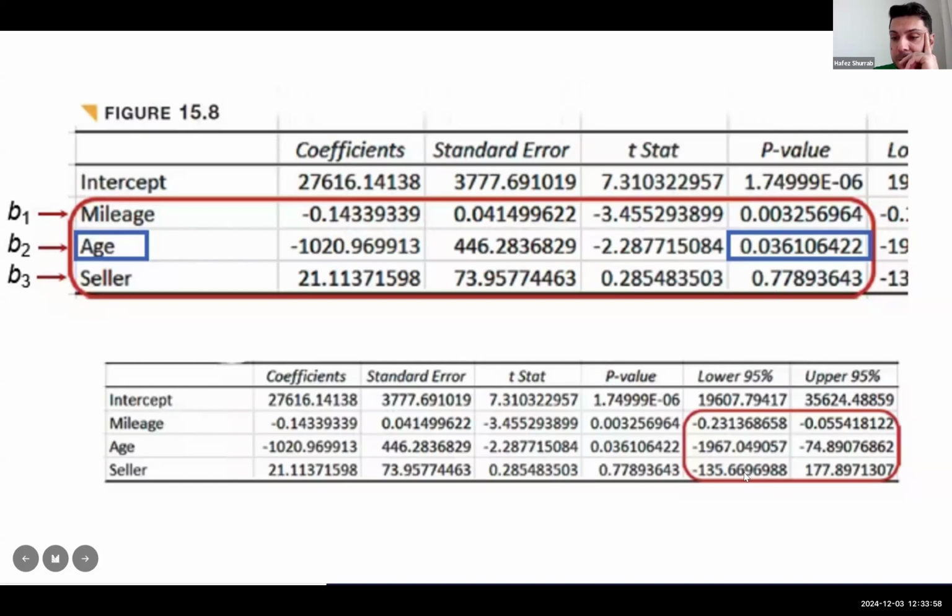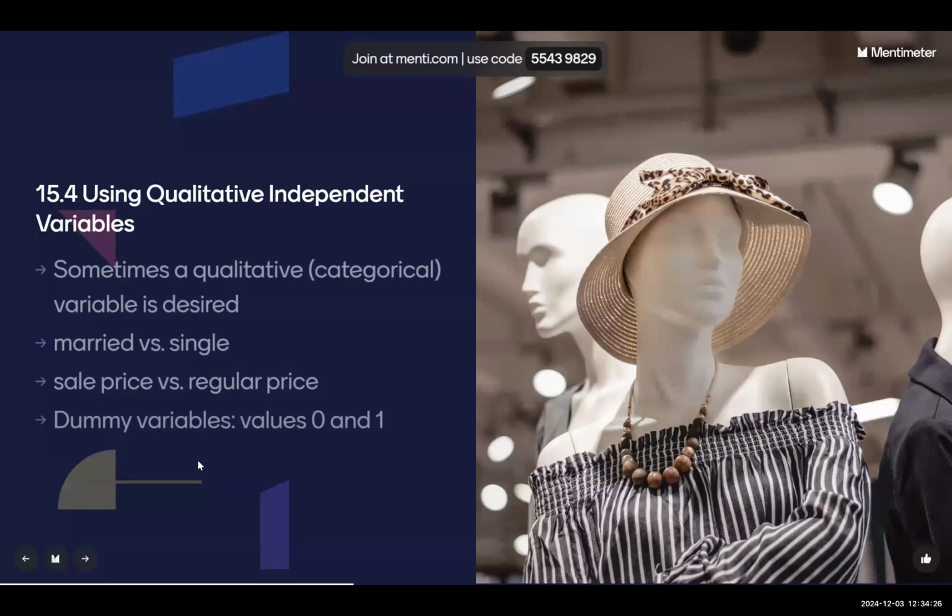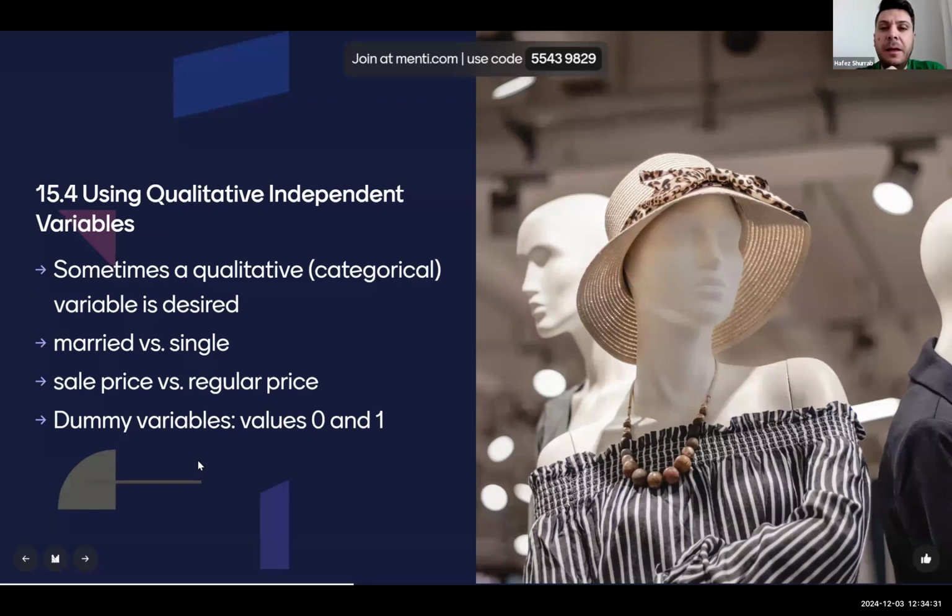And then, as additional evidence, the confidence interval includes 0. So there is a probability that this coefficient is 0, and this 21 that you can see here is just a variation that came out of that, which means that the seller's age as a variable is probably not important. Okay, thank you. Now, let's get to what increases the level of difficulty a little bit in modeling.